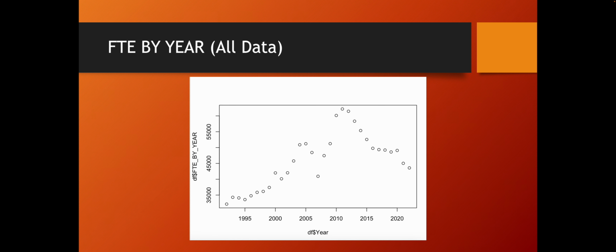So I looked at the FTE by year for all the data in the data set. As you can see, from 1992 to 2013 over here, it has an upward FTE trend, which is typical usually. And then from 2013 on, it has a downward trend. And that's my test data lines.